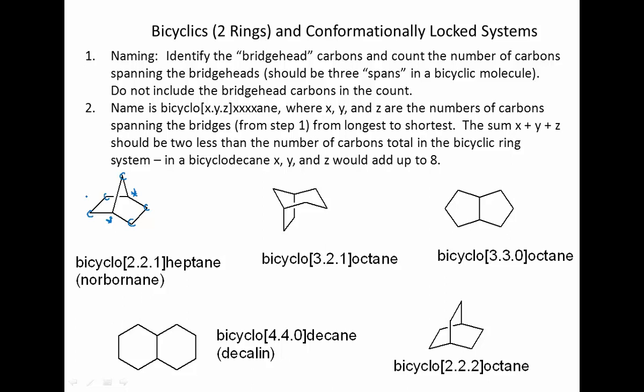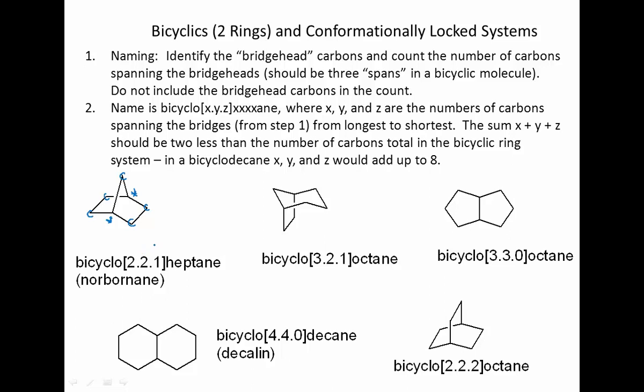Okay, so let's look at a couple of examples of bicyclic compounds. Alright, so here, this is bicyclo 2,2,1 heptane: 2 carbon bridge, 2 carbon bridge, 1 carbon bridge between the 2 bridgehead carbons. We're numbering them in descending order, bicyclo 2,2,1 heptane.